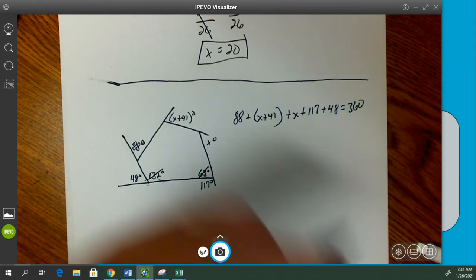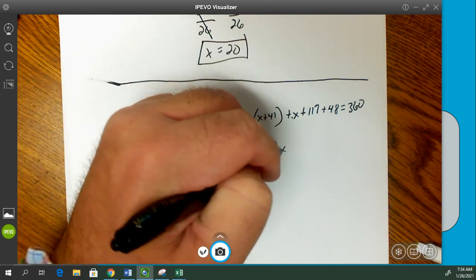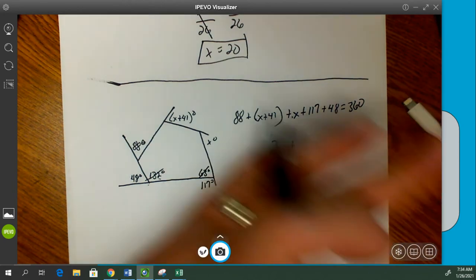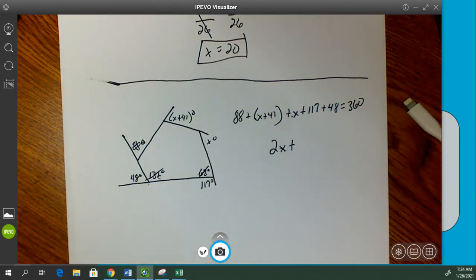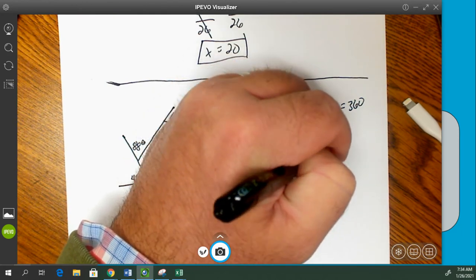So again, I'm going to combine like terms. I have an x here and an x. So that's 2x. And then I have these numbers, 88 plus 41 plus 117 plus 48. That equals 294.